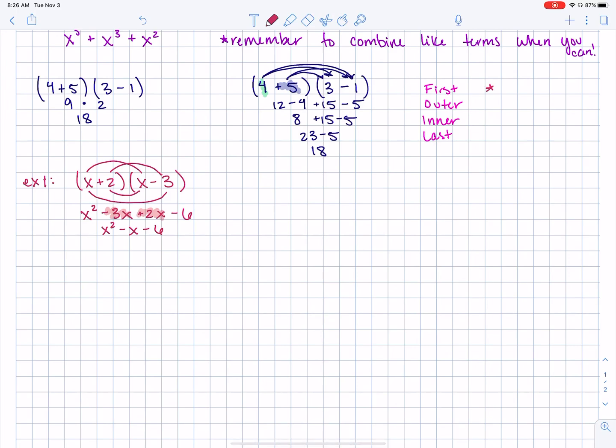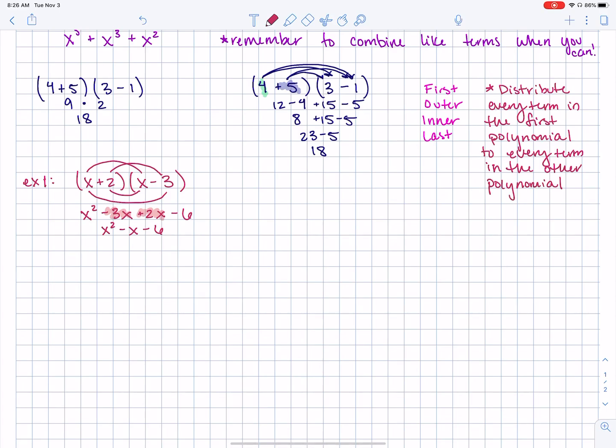I'm also going to make a note that what it really comes down to is that you want to distribute every term in the first polynomial to every term in the other polynomial. And of course, you need to combine like terms.